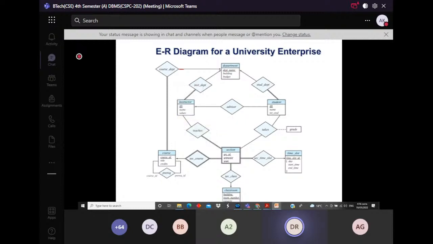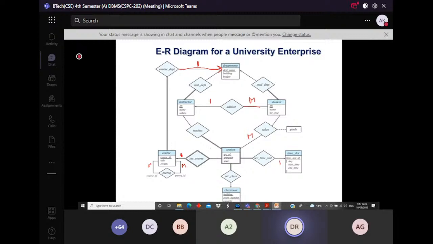You are seeing this arrow? Then this is one relation. If this is there, then it means many. At this side, it is one. If you say this one, this is many. If you say this one, this is a one relation. Here it is again many. Here it is again many. Here you can say it is a one relation.